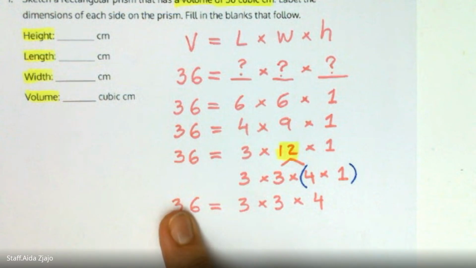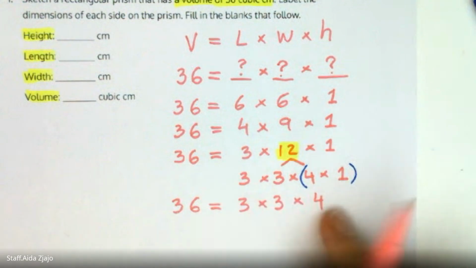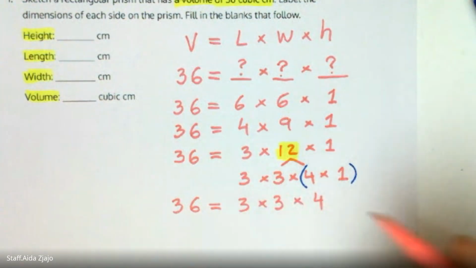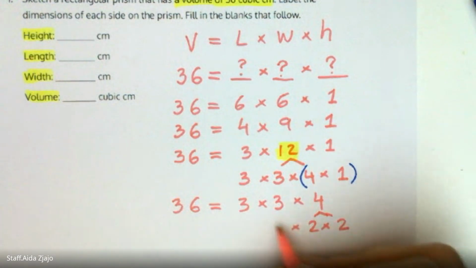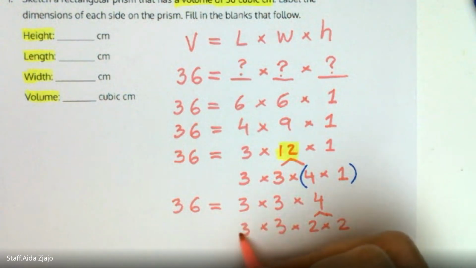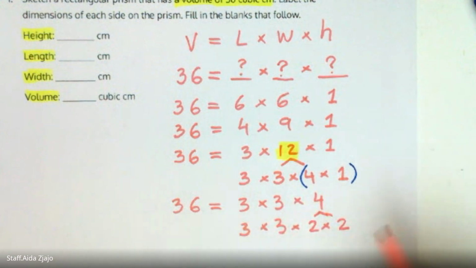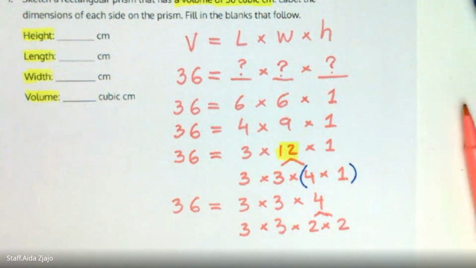Okay. You can decompose one of these factors now. Like, what if I decompose this 4 into 2 times 2? So then I will have here times 3 times 3. So now I'm going to use the associative property.